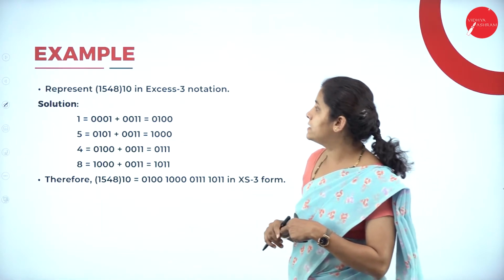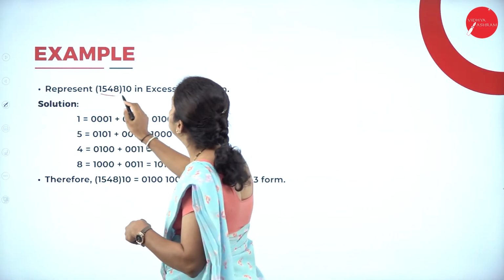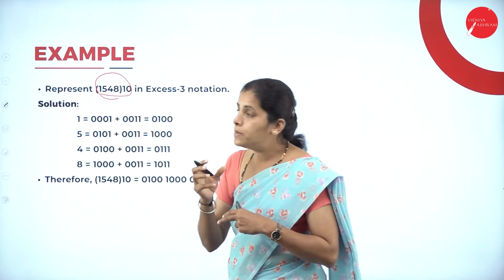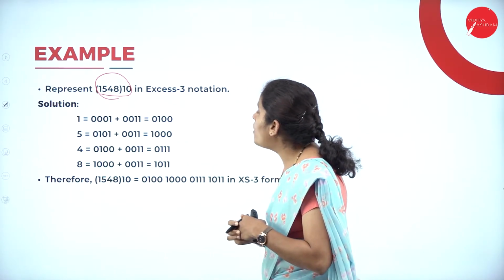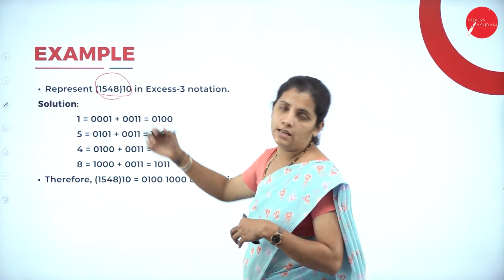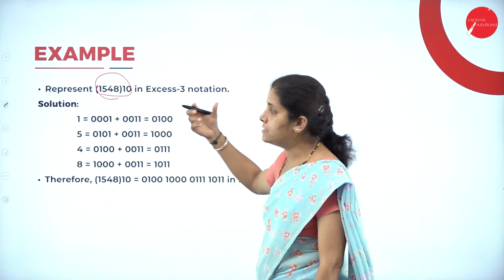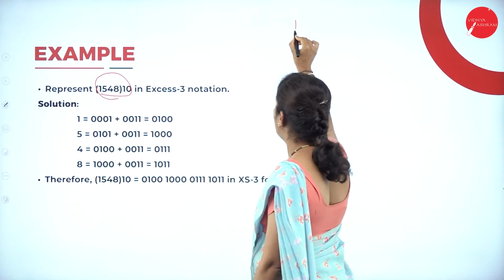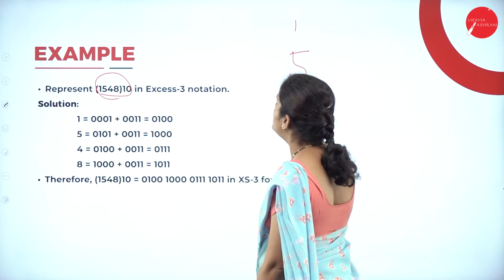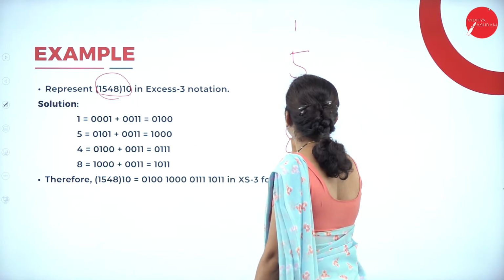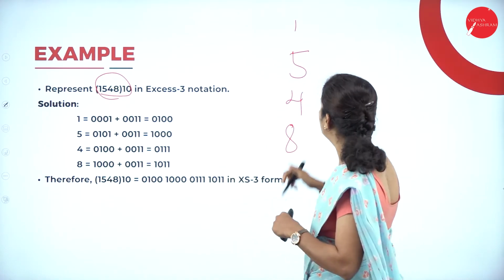Let's see an example. This is the given number and it is in decimal form. Now I want to convert this number into Xs3. So what I will do is write the digits separately, one digit at a time.